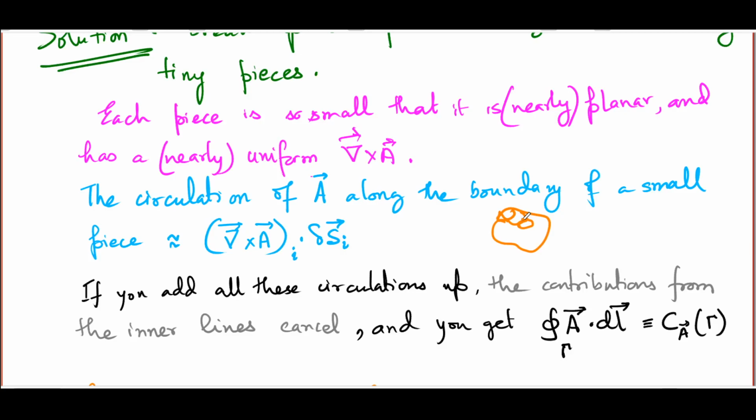Note that this is approximate not because of the cancellation of internal lines being approximate. That is exact. This is approximate because as long as your regions are large, so that they are not really flat or don't really have uniform curl of A inside, replacing the circulation in the boundary of a small region by (curl of A)_i dot delta S_i, that is where the approximation lies.